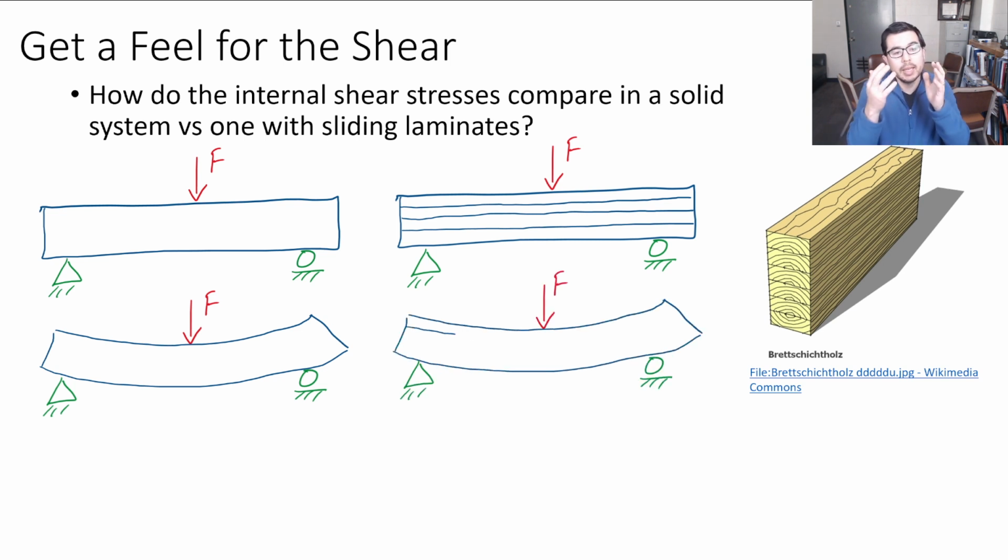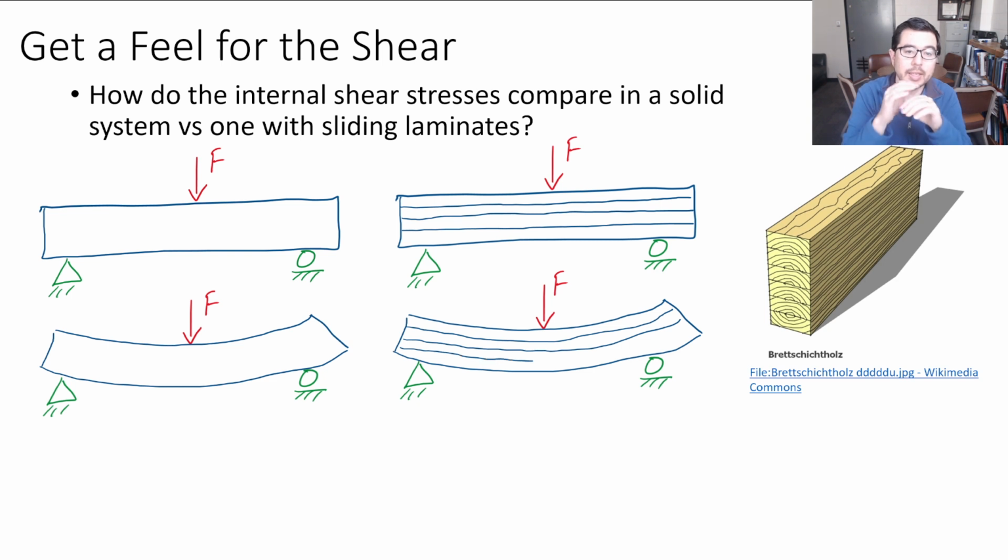In this case, let's assume that all these laminates are perfectly glued to each other, and the response is identical to the solid case. So now our objective is to look at what is happening along these interfaces.